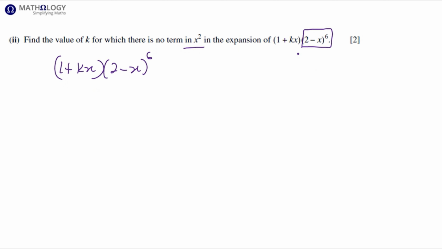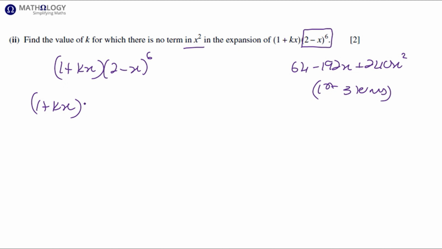That is why we only required the first three terms of the expression, which were 64 minus 192x plus 240x squared. So when we multiply 1 plus kx times the first three terms of this binomial expression, we're only interested in the x squared term, right?